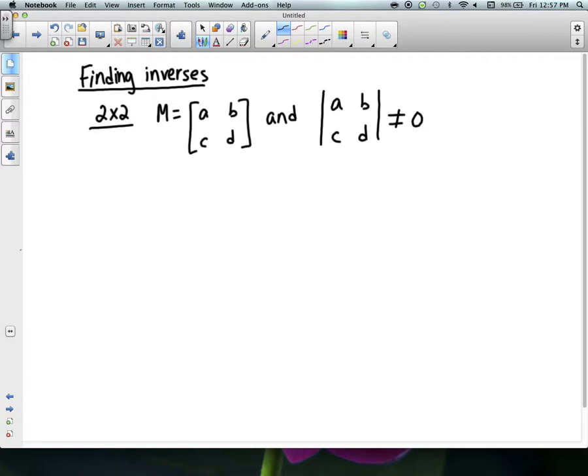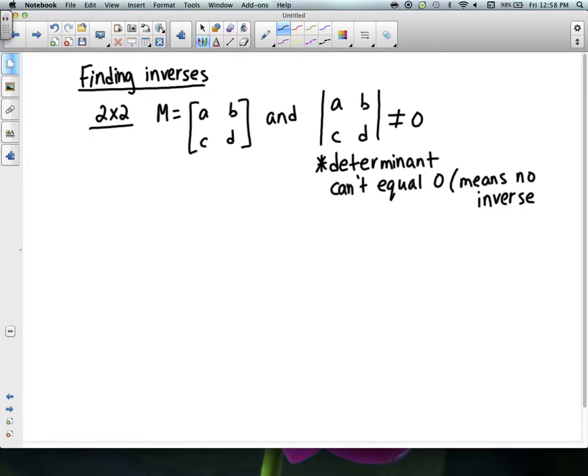Remember, the determinant is denoted by what looks like your absolute value symbols. And the inverse is going to look like the following.